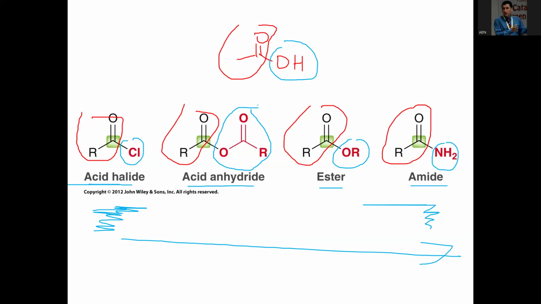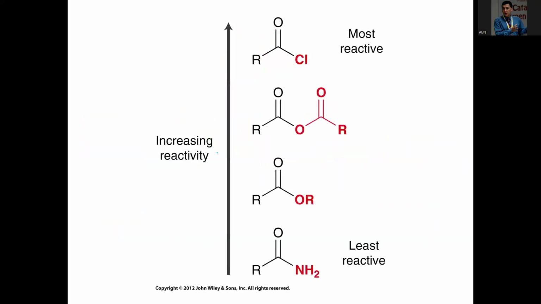But they all come from carboxylic acid. So if you guys want to make anhydrides, you can make them from carboxylic acid. If you want to make esters, you can make them from carboxylic acid. And if you want to make amides, you can make them from carboxylic acid. Now, can these siblings also interact? Yes, they can. And for that, you guys have this ranking of stability or reactivity.